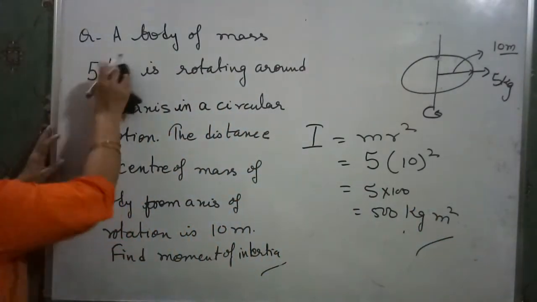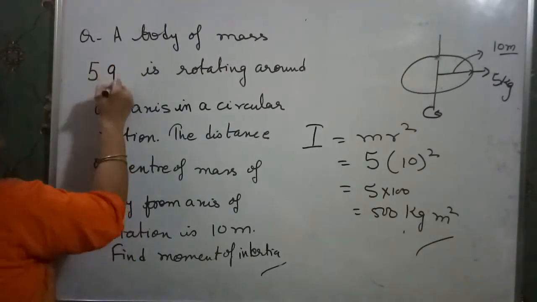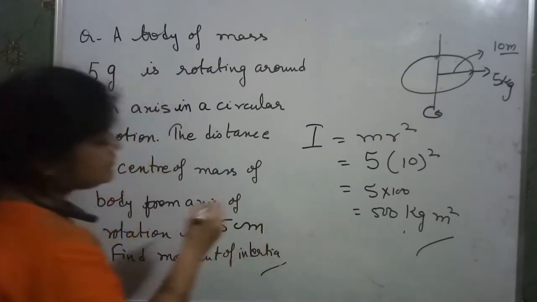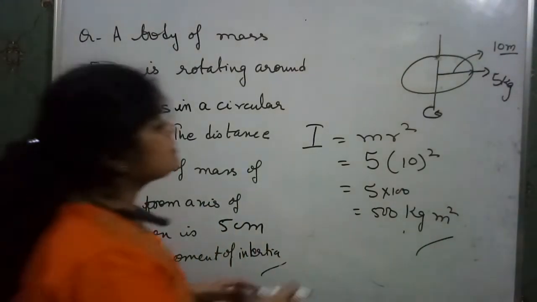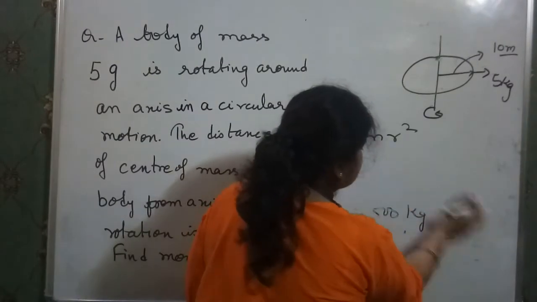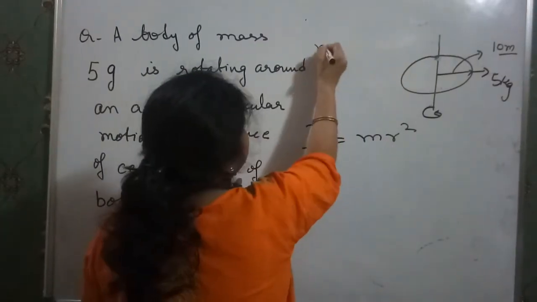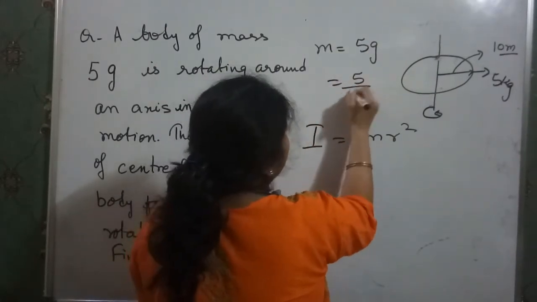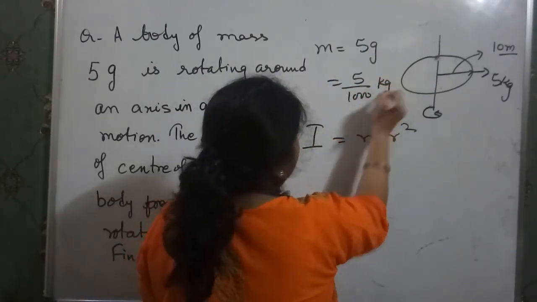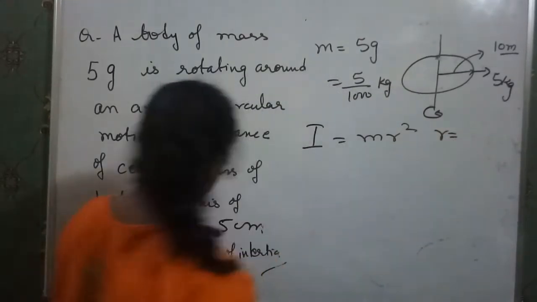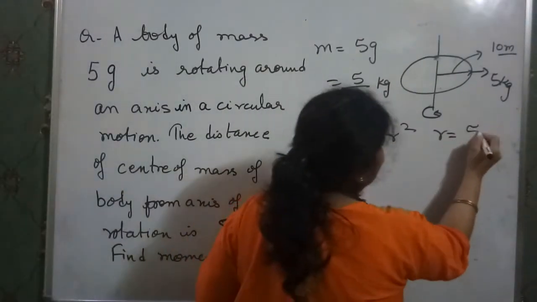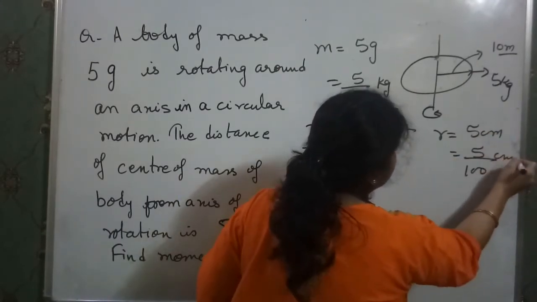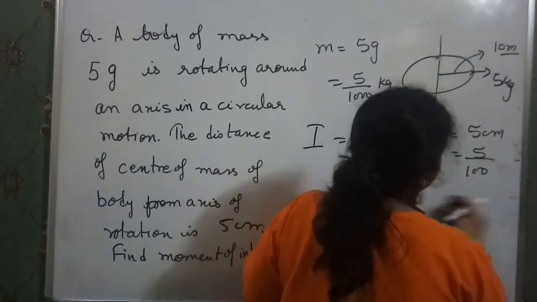For example, if we have 5 grams and the distance is 5 centimeter, how will we solve this? The mass is 5 gram, so converted into kilogram, we have 5 by 1000 kilogram. The distance is 5 centimeter, so convert it into meter, we have 5 by 100 meter.